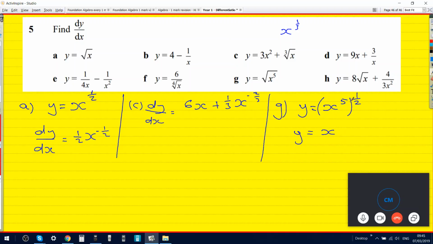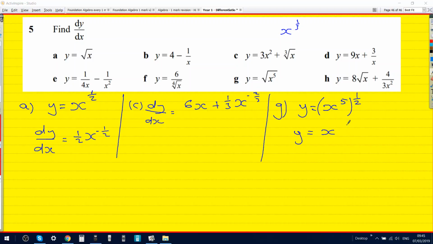What's the index rule for times, sorry. Yeah. So 5 times a half is 2.5. Yeah, I'm going to write it as 5/2. Yeah. Just because it's so, no working out. Okay, and so dy dx would be 5 over 2 x to the power of... I'm going to have to use the calculator, because 5/2 minus 1. It's 3 over 2. Yeah. That's it.